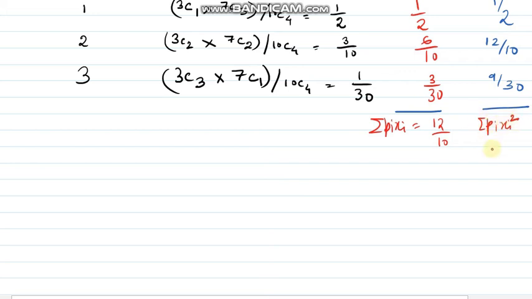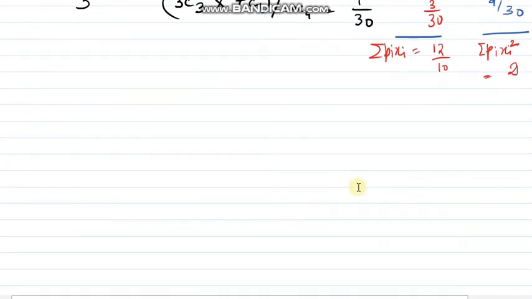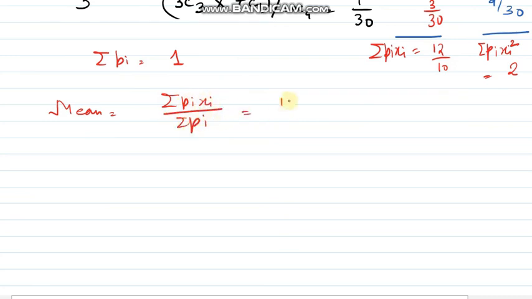And summation pixi square will be equal to 2. And what is summation pi? The sum of all the probabilities is equal to 1, you know that. So now the mean will be equal to summation pixi divided by summation pi, which is equal to 12 by 10 by 1, which is equal to 6 by 5. That is the calculation for the mean.